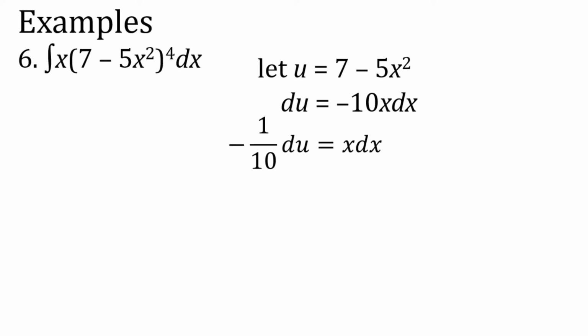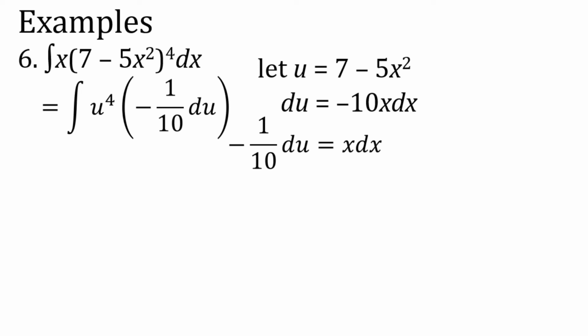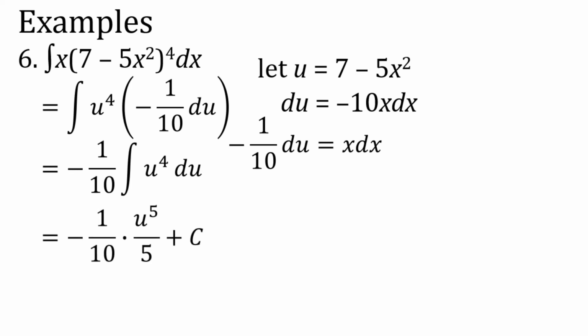It's because we have x dx here. So our given is actually in the form of u to the 4 times negative 1/10 du. Let's write it as negative 1/10 the integral of u to the 4 du. This u to the 4 du is integrable, so this will become negative 1/10 times u to the 5th over 5 plus c.